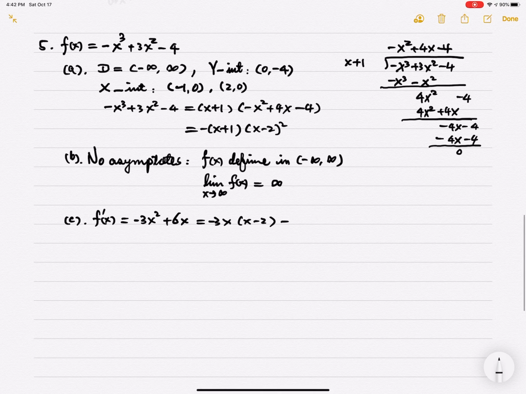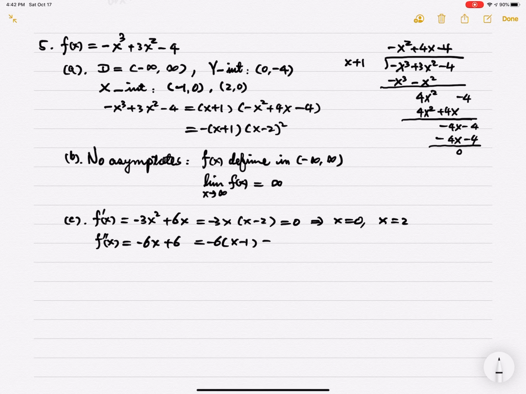Now this equal to 0. We have two solutions, x equal to 0, x equal to 2, right? And then we calculate the second derivative, which is equal to negative 6x plus 6. So you put negative 6, you have x minus 1.